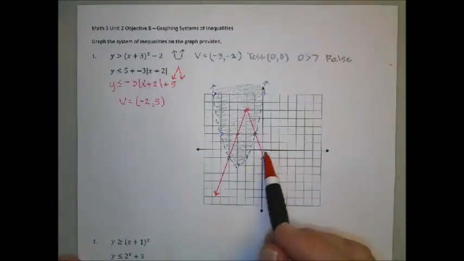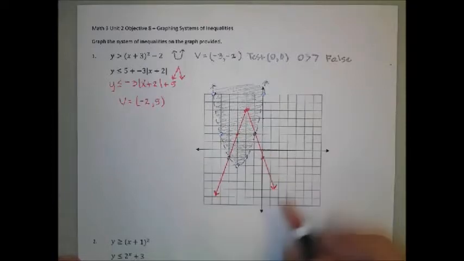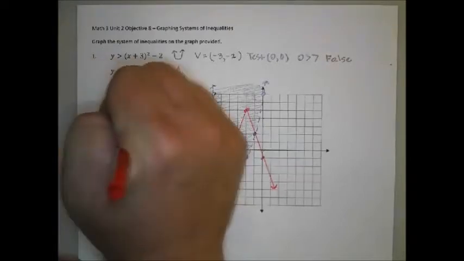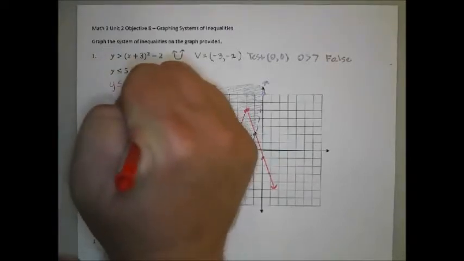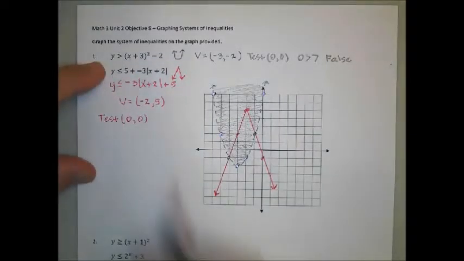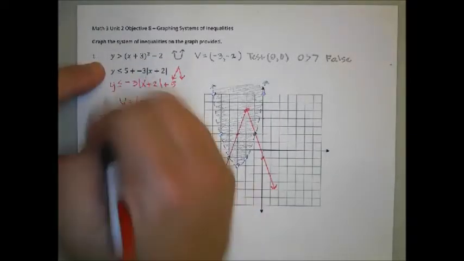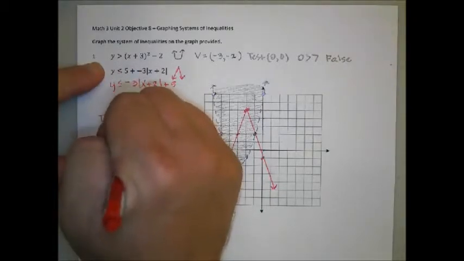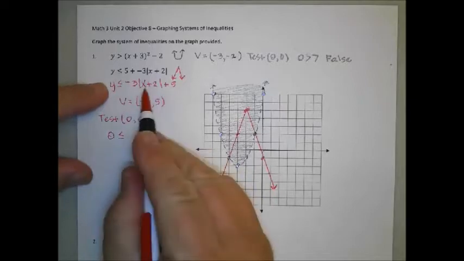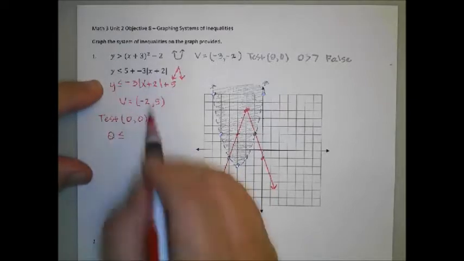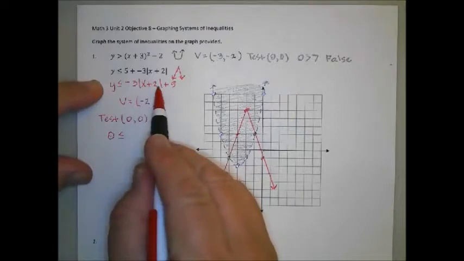Now, I get really close to (0, 0) on this graph, but I don't hit it, so I'm going to use (0, 0) again as another test point. So if I plug zeros in for both x and y, I get a statement that says 0 is less than or equal to, I'm going to plug it in here actually. My y is 0, x, 0 plus 2 is 2.